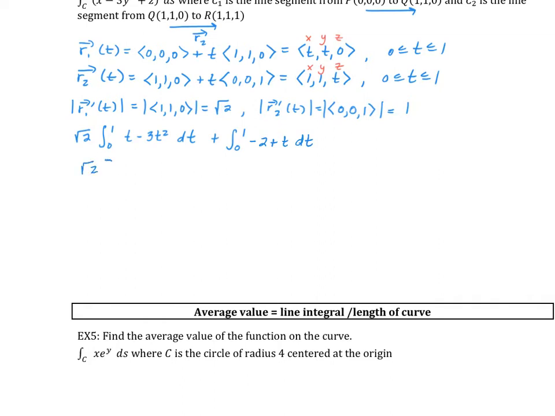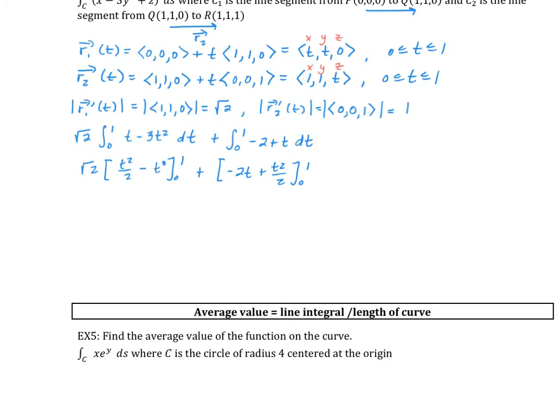The first integral is going to be t squared over 2 minus 3t to the third over 3, or t to the third, evaluated from 0 to 1, plus this second integral is going to be negative 2t plus t squared over 2, 0 to 1.